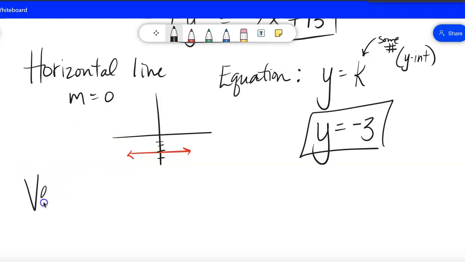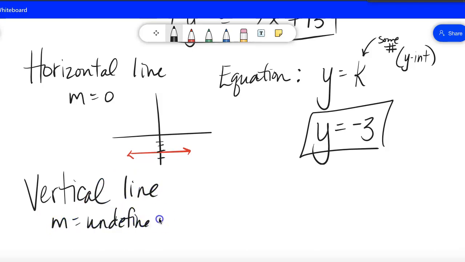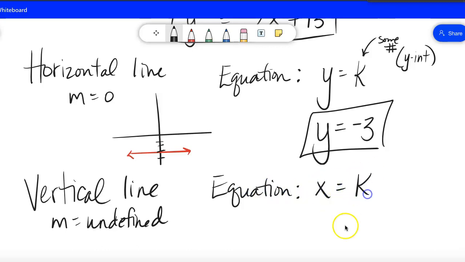particular line. If we have a vertical line, we know that our slope is undefined. All right. And the equation for every vertical line is x equals some number k. Okay, well, let's look at a vertical line real quick.